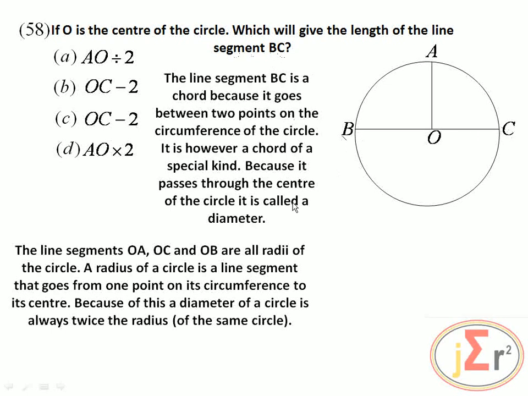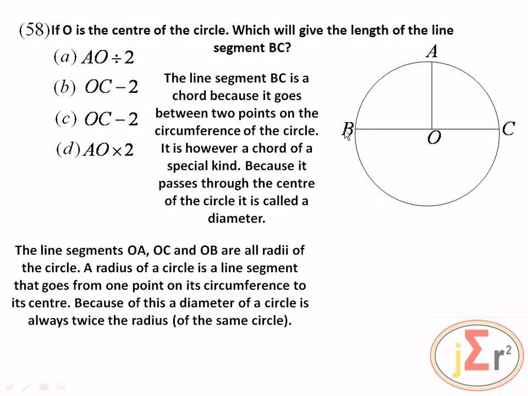The line segments OA, OC, and OB are all radii of the circle. A radius of a circle is a line segment that goes from one point on the circumference to its center, or vice versa. So, because of this, a diameter of a circle is always twice the radius of the circle.